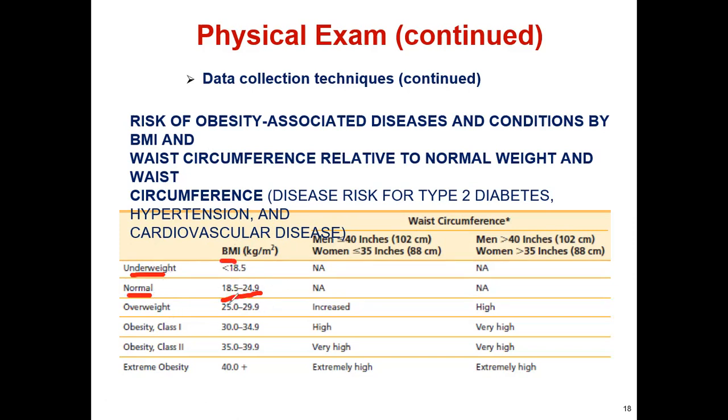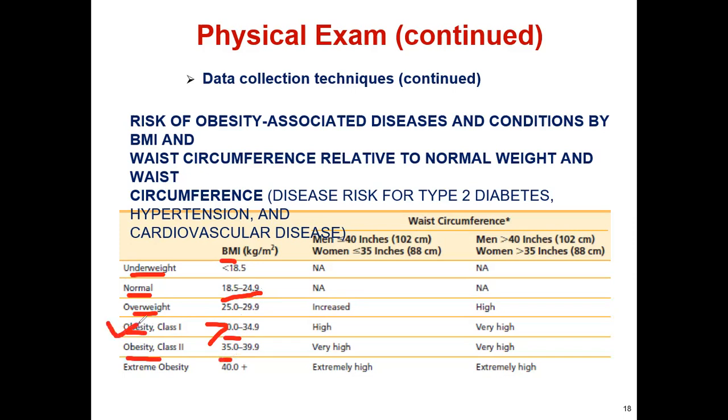If you find the BMI more than 25, or between 25 and 29, it is overweight. And you can say obesity if your patient's BMI is more than 30, it is obesity class 1. Obesity class 2 is when more than 35.